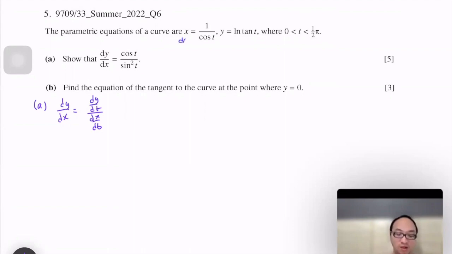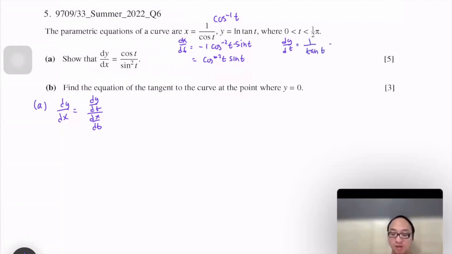Now, dx/dt is the derivative of cos^-1 t, so negative 1 times cos^-2 t times negative sin t, which equals cos^-2 t sin t. dy/dt is 1 over tangent t times the derivative of tangent, which is secant square t.